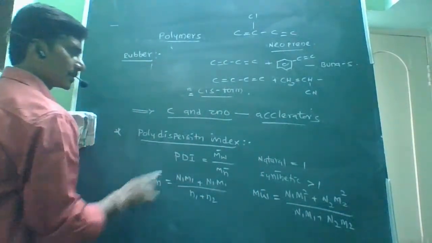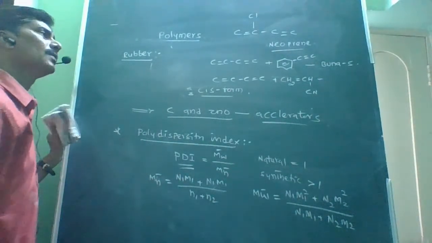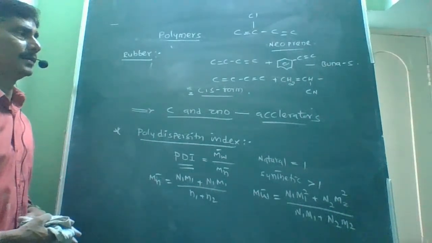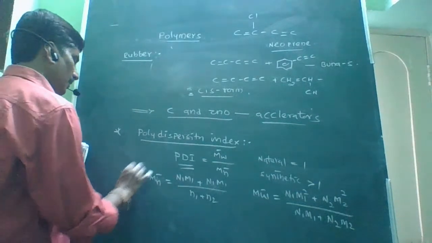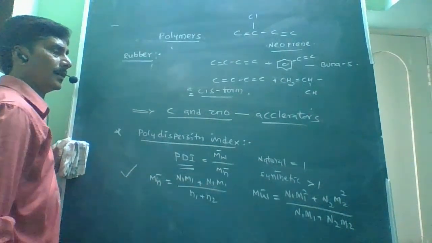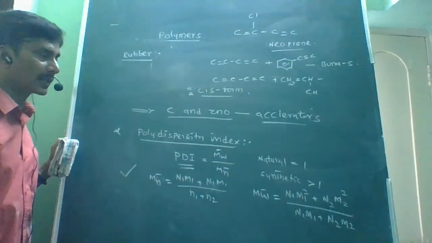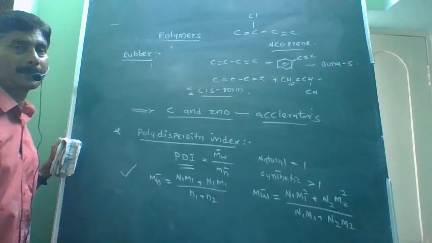These two ratios give the polydispersity index. That is about the polymers briefly. So there is a chance to ask a question based on the molecular weight of the polymer, the number as well as the weight average molecular weights.